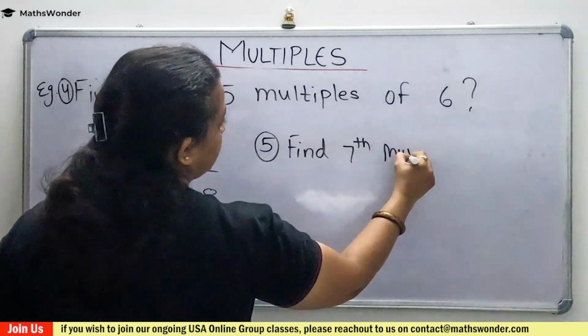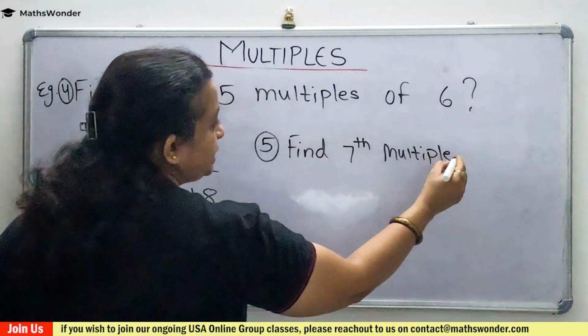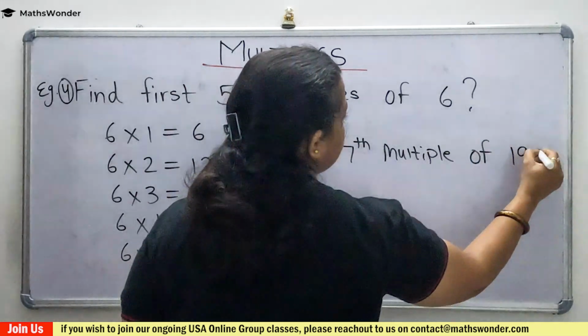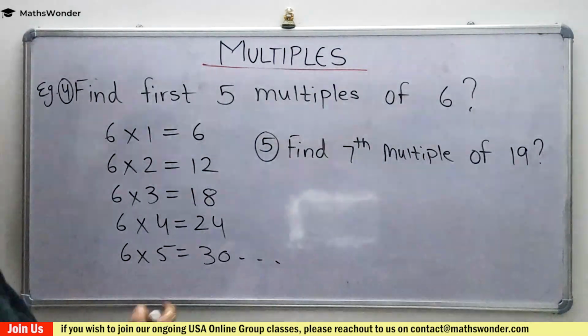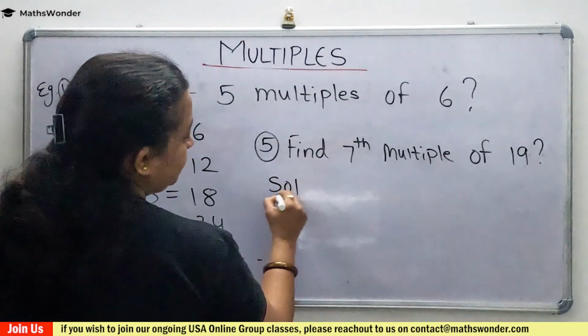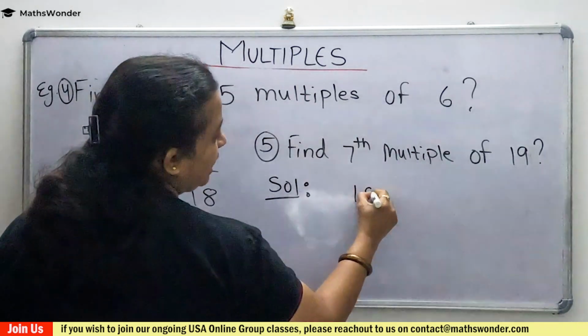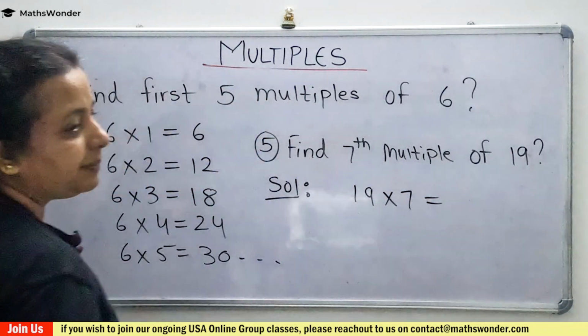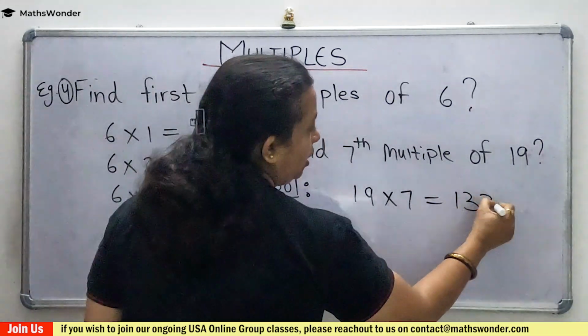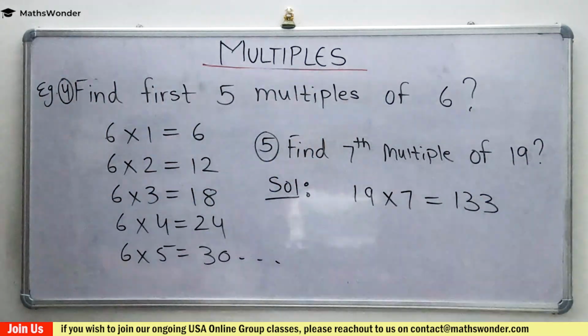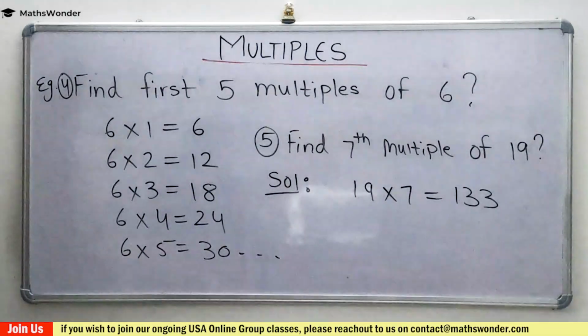You will find only the 7th. 19 multiplied by 7 is 133. So now you should know all the tables for multiples. If they ask for a particular table, then you will answer accordingly.